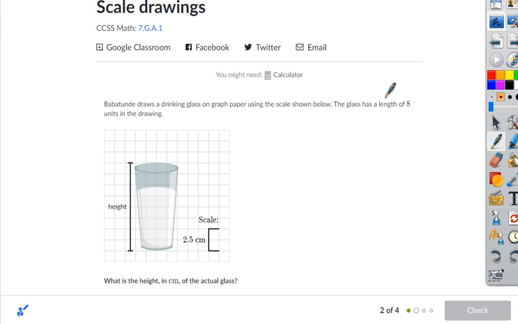So if we start off with the fact that the glass has a length of 8 units in the drawing, and we have our scale here. So in my scale, we saw that this is 1 square here, and 1 square here. So 2 units represents 2.5 centimeters in real life.